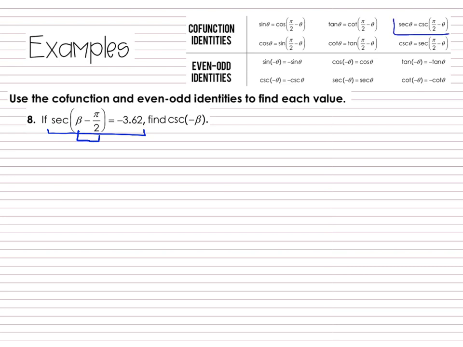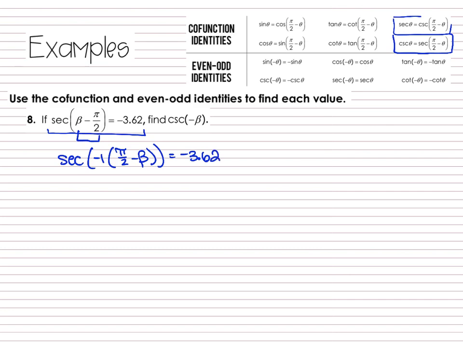So that's the one that we're going to use up here. So actually, second one. So what we're going to do is factor out a -1. So the secant of -1 times, now we've got pi over 2 minus beta equals -3.62.